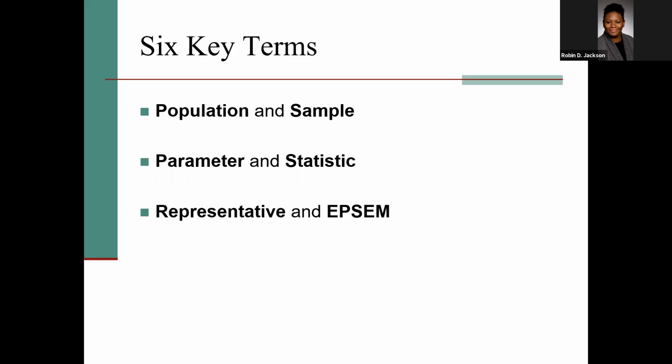Also, when it comes to population and sample, as we move forward and start calculating things, especially in chapter 7, you're going to need to be able to identify a population and sample within a problem, because that's going to determine what formula you use in some instances.